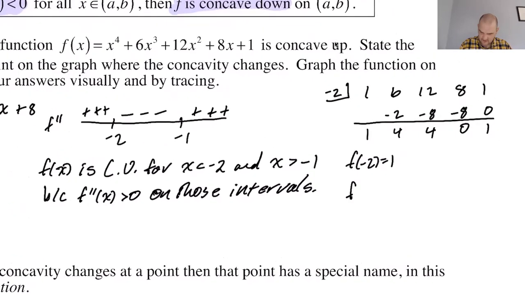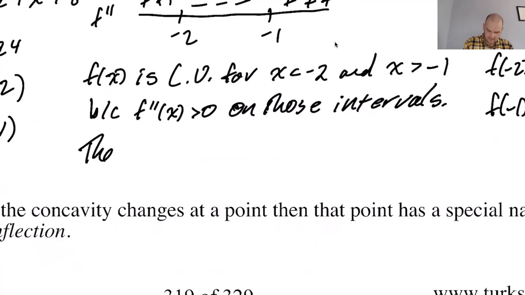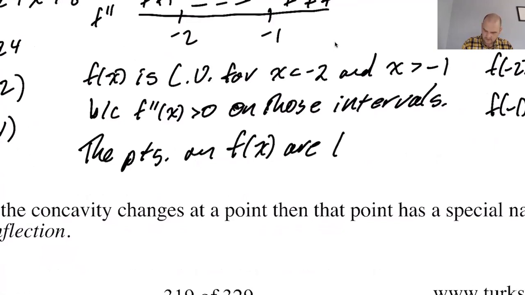So f of -1 is going to be 1 minus 6 is -5, plus 12 is 7, minus 8 is -1, plus 1 is 0. So that's weird. Okay, so the points on f of x are -2, 1, and -1, 0, bizarrely.